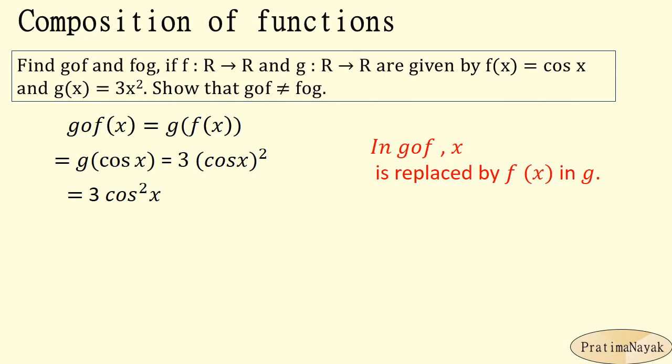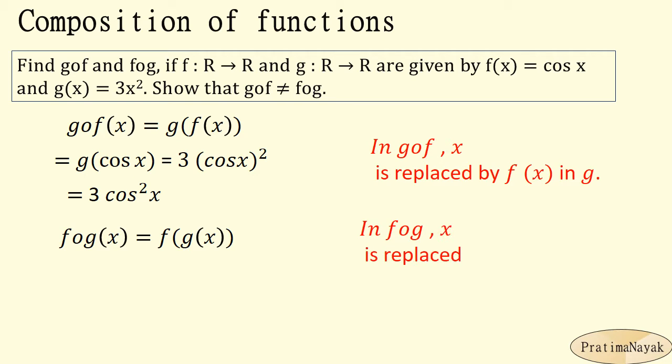Next, f of g of x. In f o g, x is replaced by g of x in f. That means in place of x we'll put the whole g of x.